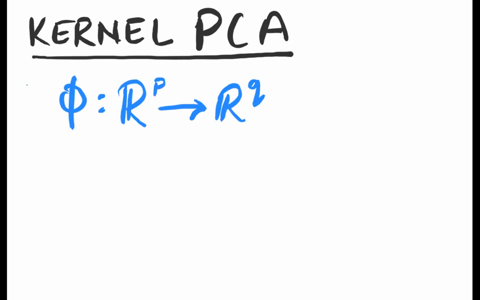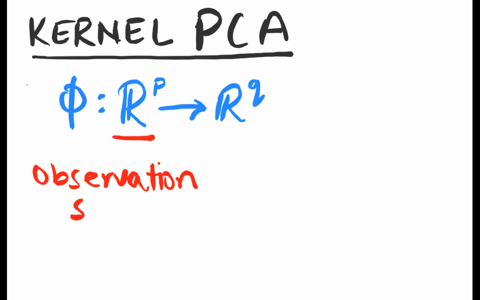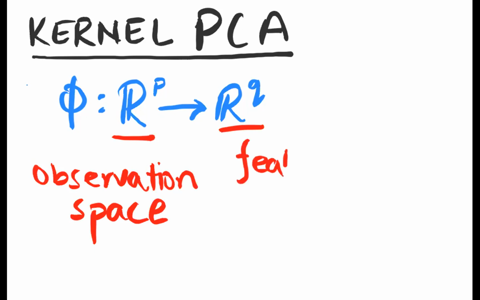This is a mapping from the observation space, where you have observed the matrix X, and we can call the other the feature space. Yeah, the transform space actually, but let's call it the feature space, okay?